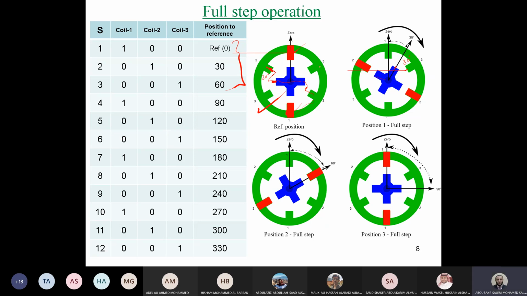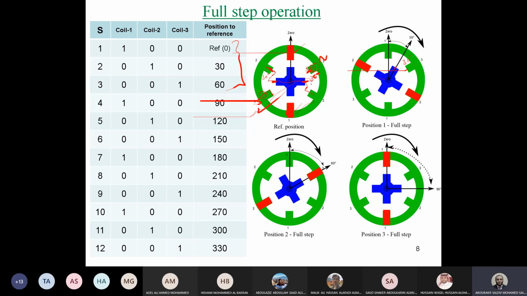So this coil will be energized and this one as well, so you will have N and S here. In this case, you will find this tooth is displaced from this tooth by 30 degrees, and this one is displaced by 60 degrees.